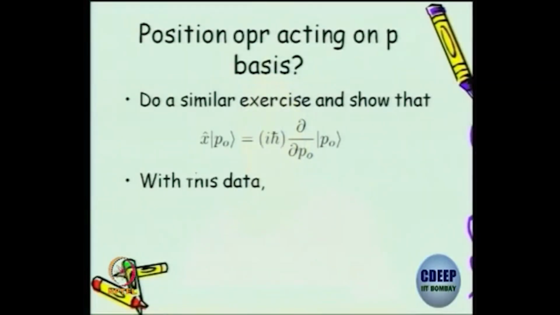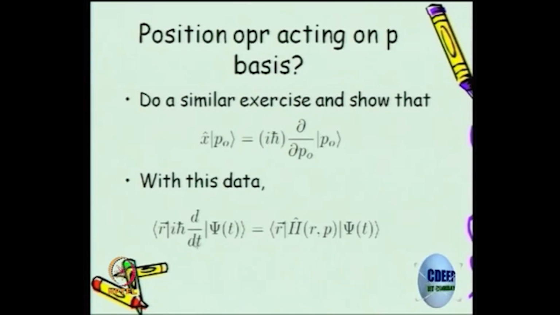So I have given you a couple of pieces here and there, and now with this data, what is the next step? Take the equation which dictates the time evolution of a ket psi, which is H on psi, and take the projection onto a specific position in 3 dimensions or 1 dimension.